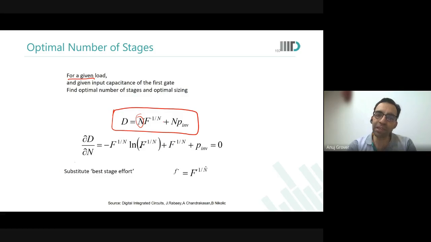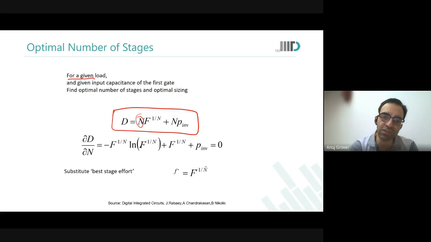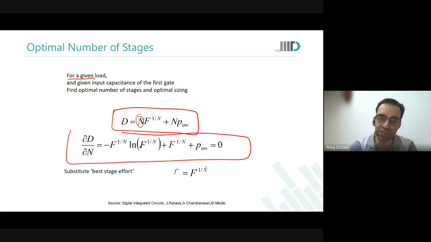When you differentiate it with respect to the number of stages, the best number of stages is found by solving this equation.